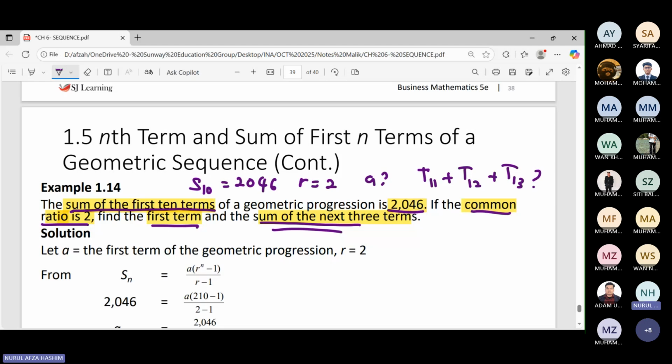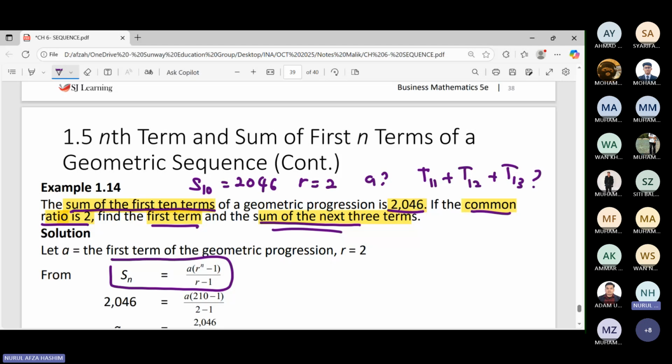How you solve this one? You have to use the formula of Sn, because they said the S10, right? And you know your R is 2, and then your N is 10.